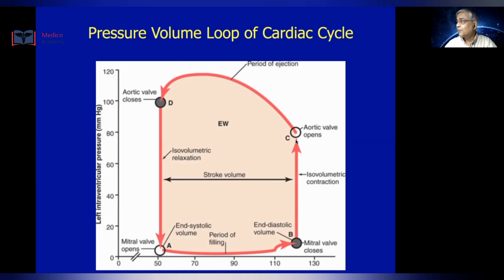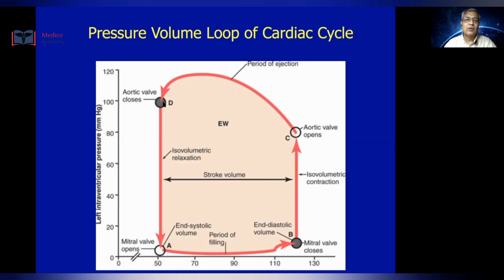And when the pressure reaches the diastolic pressure, the aortic valve opens up and the heart starts ejecting, which is called the period of ejection. So the heart starts ejecting at this phase. As the heart starts emptying out, the ejection starts going down. And when the pressure falls in the aorta, with the ejection getting lesser and lesser, the aortic valve closes, which again restarts the diastole.